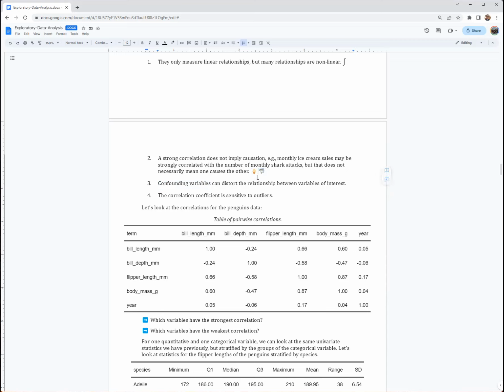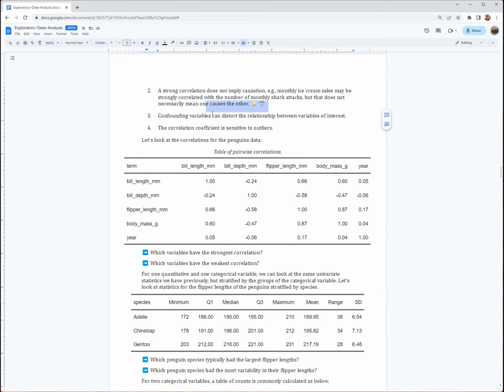Another issue is that you might not even have it recorded in the data set. If we didn't record temperature and weren't aware that it may interplay with these variables, it's really hard to know to look out for it if it's not even in the data set. So confounding variables are tricky, something that should always be considered as a possibility, especially if you're seeing relationships that are surprising or unexpected.